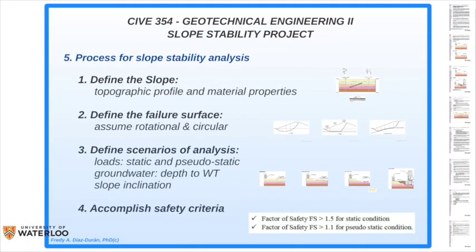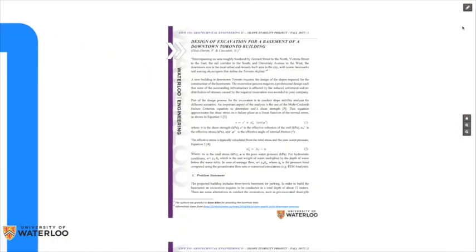The criteria for safety is that the slopes you are going to design have to accomplish this factor of safety: 1.5 for static condition and 1.1 for pseudostatic condition. Okay? This is the document I was talking about, and the document explains everything about the project very well.